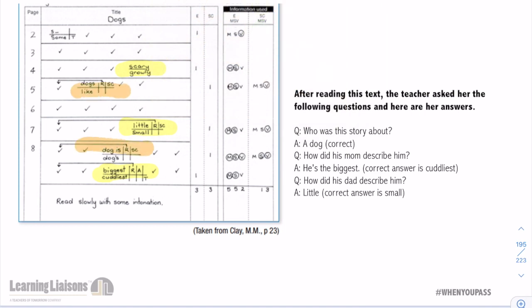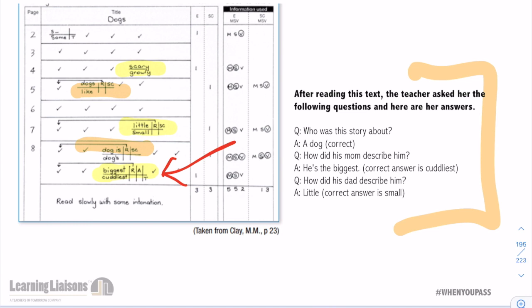Okay, let's look over here at the dialogue. The teacher said, who was this story about? And the student said, a dog, which was correct. Then the teacher asked, how did his mom describe him? And Haley said, he's the biggest. Correct answer would have been cuddliest. And we can see that right here, that she read biggest instead of cuddliest.